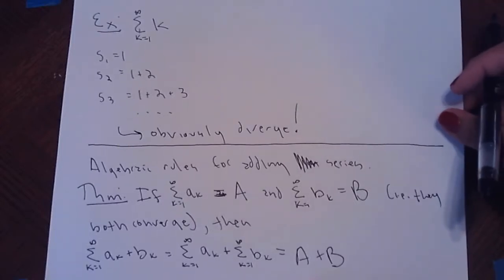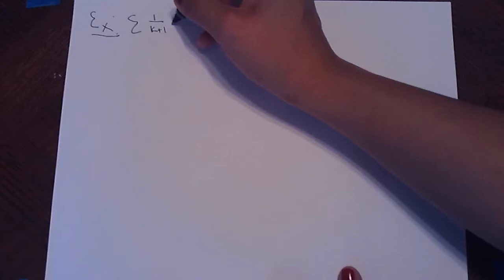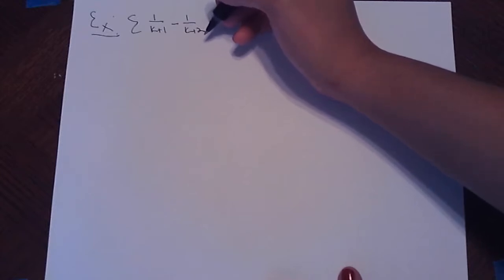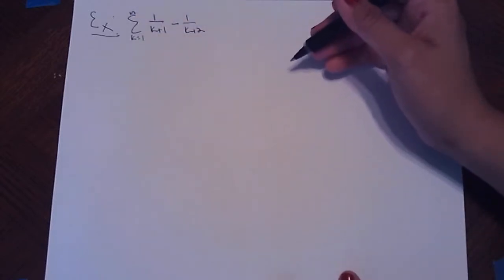Now, as an example of this, we just figured out what happens if I take 1 over k plus 1 and subtract off 1 over k plus 2.